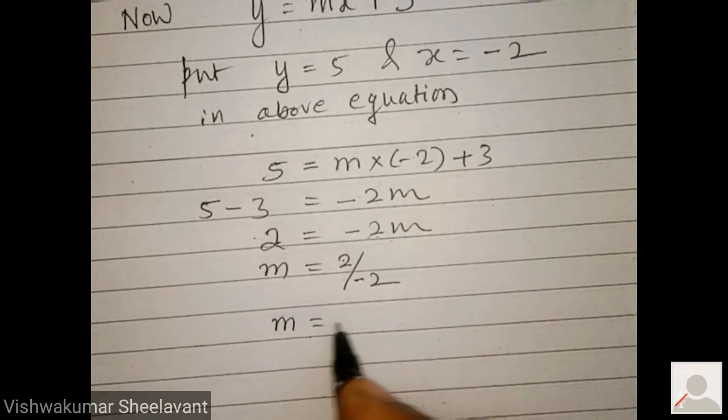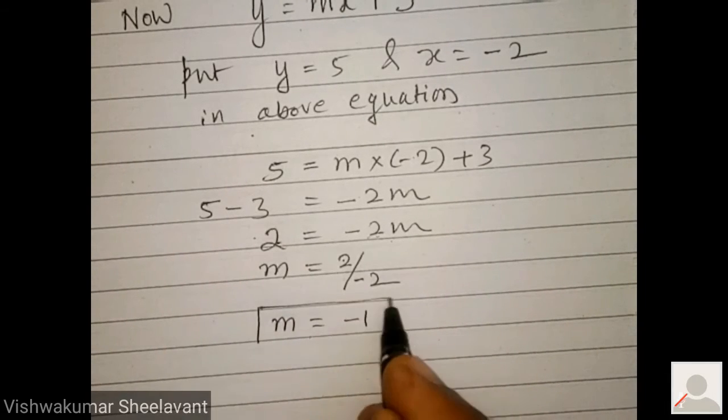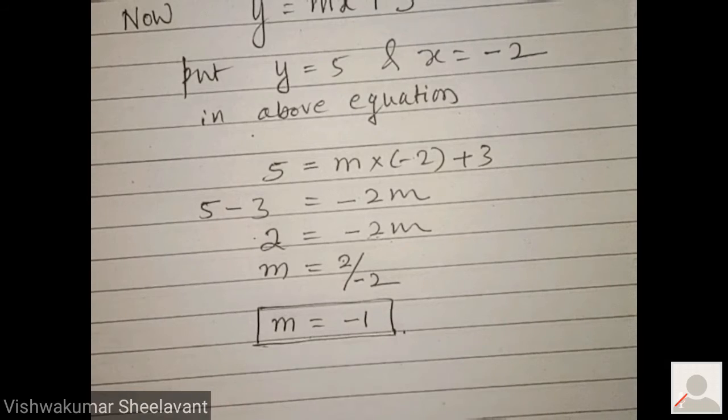So m is equal to minus 1. So like this you can find the m value in the second part of the question only after solving the first part. So read the question sentence by sentence, understand them and then solve. Don't try to solve all together.